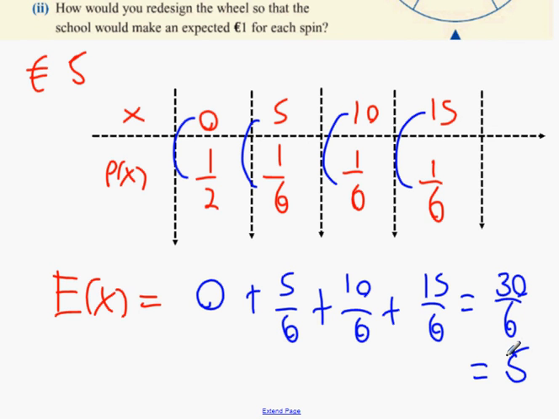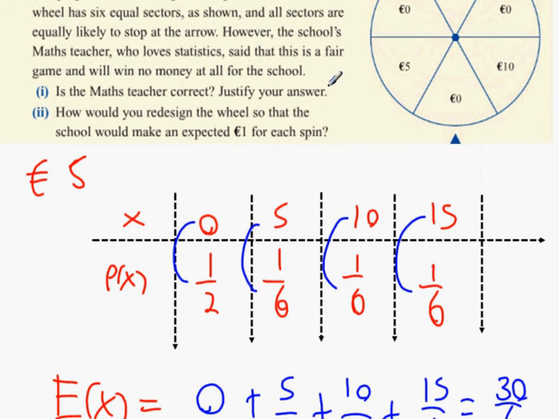It costs €5 to play the game, and on average we're going to win €5. So what does that mean about the game? The game is fair and hence won't make us any money. Therefore the maths teacher was correct.